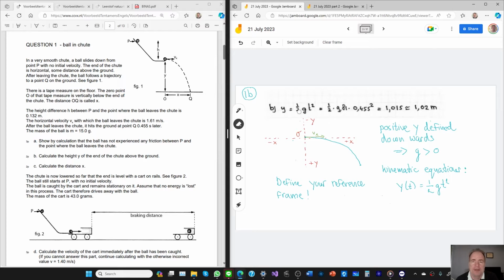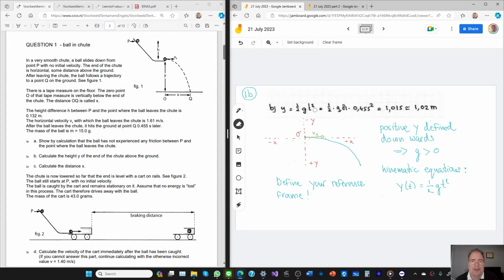But you can do it either way. It's up to you. In the answer sheet they also defined it as plus, because they give the equation y is 1/2 g t squared with g a positive number. So yeah, make sure you do this.